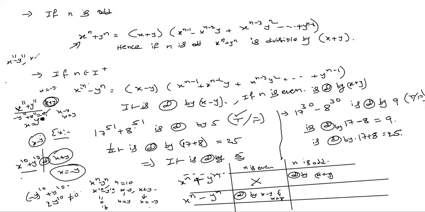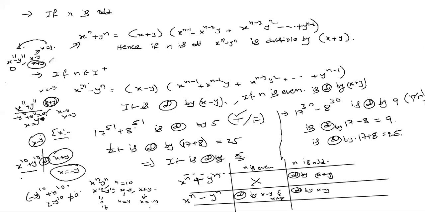power 11. Let us check it is divisible by x minus y and divisible by x plus y. So, for checking this, x equals to y, I need to substitute. Okay, so if you substitute x equals to y, what you'll get? 0 you'll get. So, clearly divisible by x minus y.